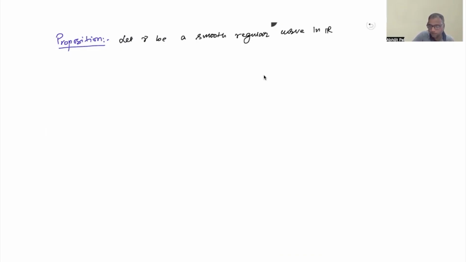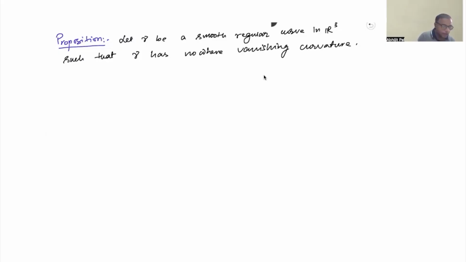Proposition. Let gamma be a smooth regular curve in R3 such that gamma has nowhere vanishing curvature.